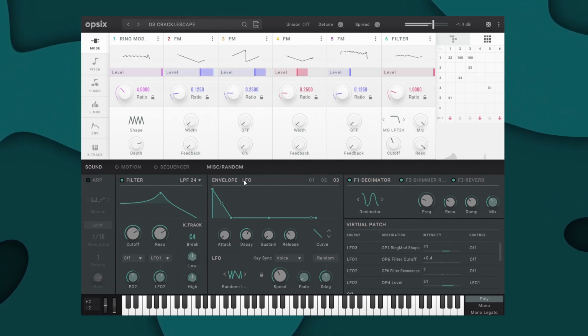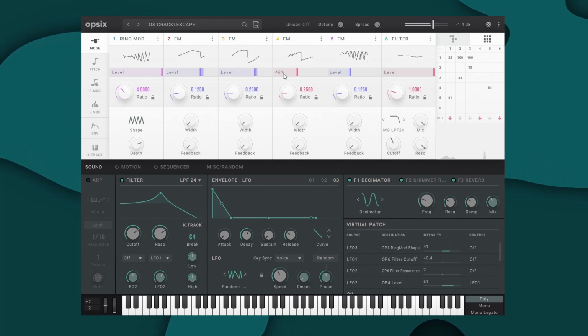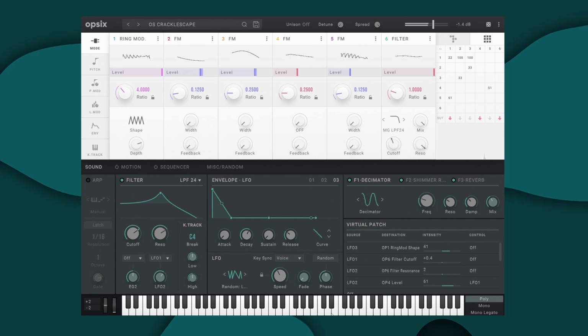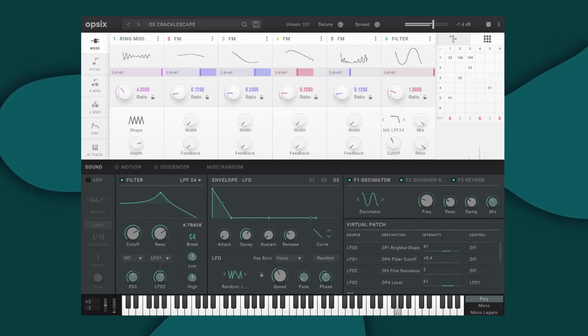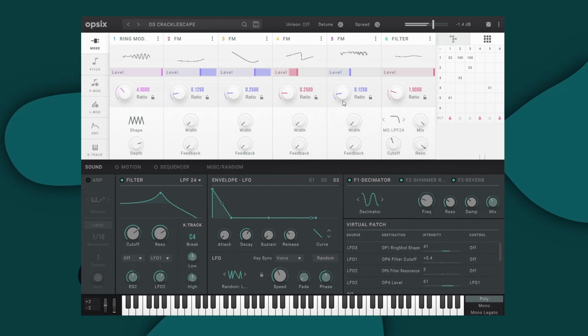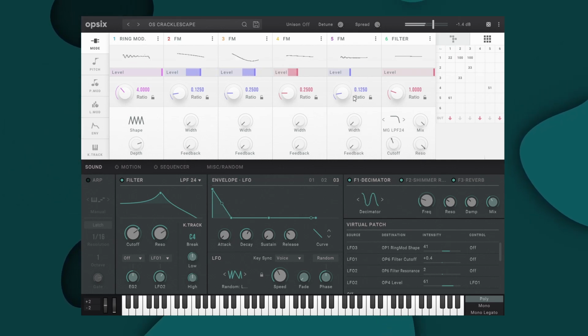And a lot of that again is driven by the random generative ideas with the LFOs. You can see a lot of modulation happening here. But in many cases, the way you get these more organic sounds is actually by using very, very low-tuned operators.